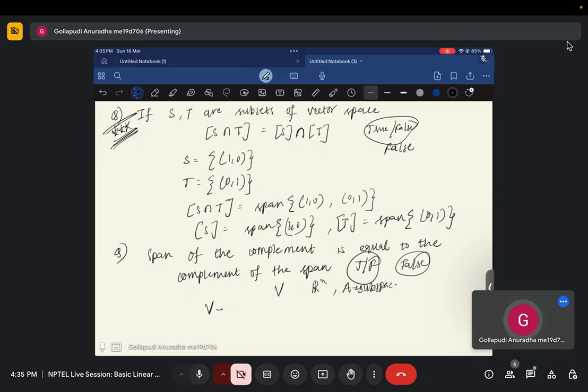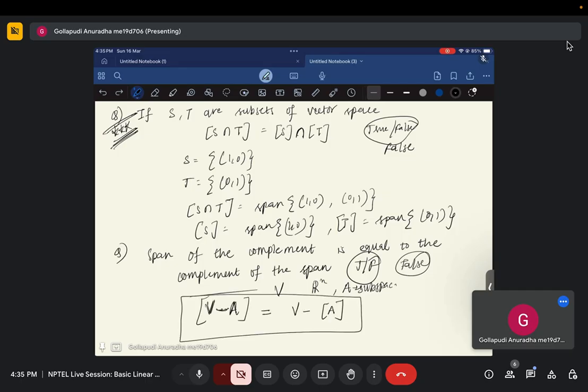The complement means whatever I removed, and the span of the complement is equal to the complement of the span. Okay, so this is what the sentence actually means.